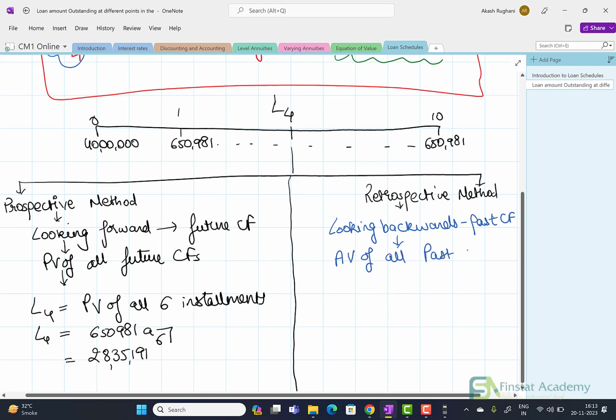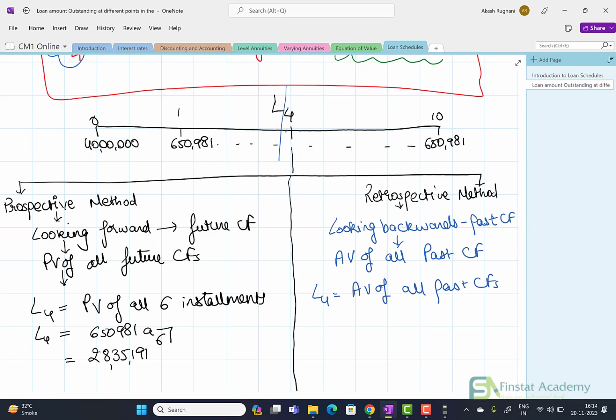So L4 will be the accumulated value of all past cash flows. Now the point here, guys, is that in the past there were two types of cash flows if I look before time 4. One was the loan amount and one was the installment. Loan amount was inflow, installment was outflow. So since I have inflow and outflow, I'll have to use positive and negative.